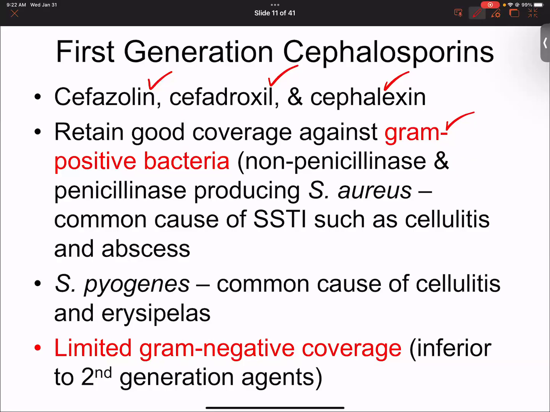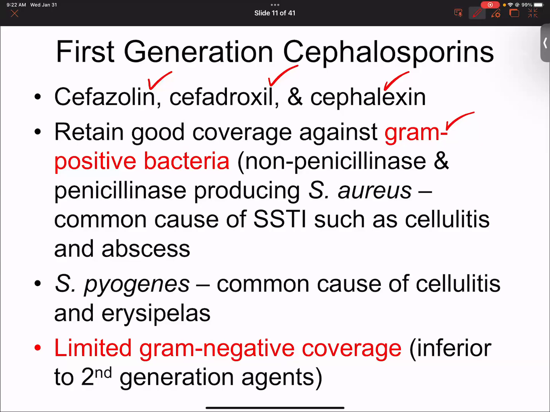Remember, MSSA is resistant to penicillin because it's going to be producing a beta-lactamase, right? So we don't use penicillins to treat MSSA in the absence of an inhibitor. These drugs, being cephalosporins, don't bind the PC1 enzyme, the penicillinase that Staph produces. As such, they have the ability to bind penicillin binding proteins in MSSA and inhibit cell wall synthesis.